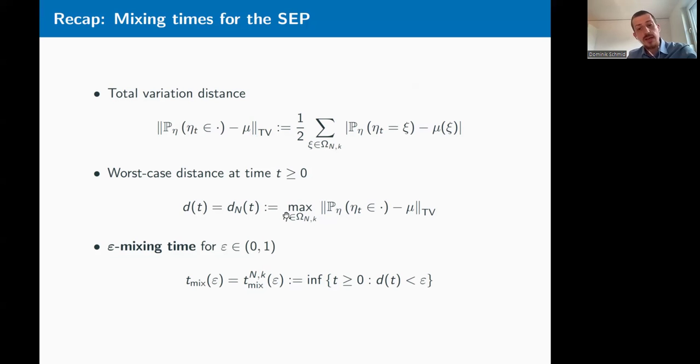So we just take the maximum over all initial configurations and look at this total variation distance from the stationary distribution at time t. And the mixing time, or more precisely, the epsilon mixing time for some epsilon between 0 and 1, will be the minimum time t it takes until this worst-case distance d(t) drops below epsilon for the first time. Okay, so this is going to be our setup.